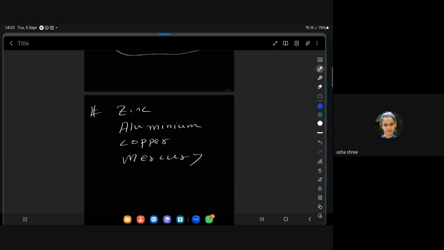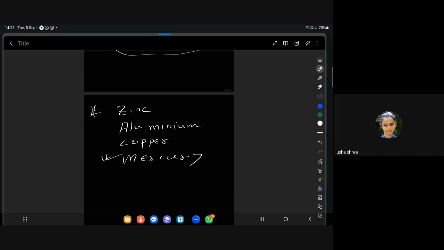Mercury, because that's not a solid metal. Zinc, aluminium, copper, except mercury, the rest three are solid metals. That's why mercury will be the answer. So you have to find out what is the similarity between three of the four words. The word that is left, that will be your answer.